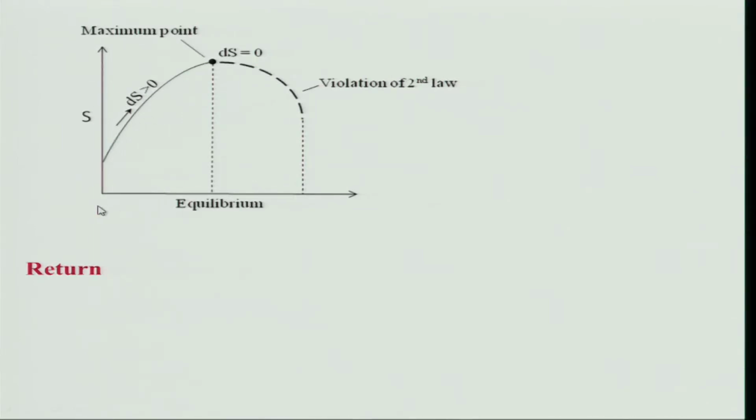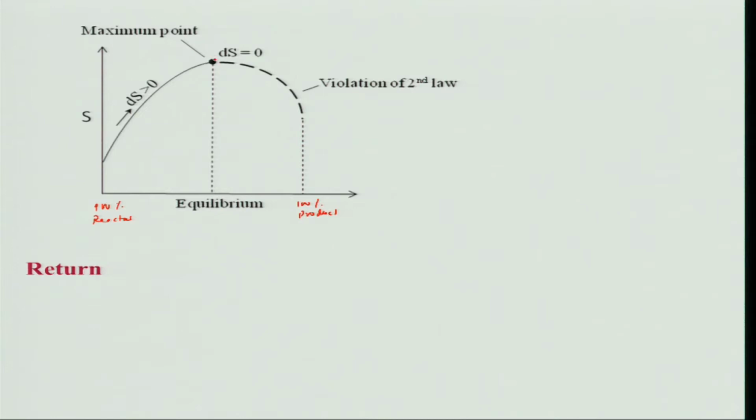For example, if I say that this is 100% reactant, and this will be 100% product. For example, I am taking hydrogen reacting with oxygen going to the product. The reaction will proceed as long as the change in entropy is greater than 0.